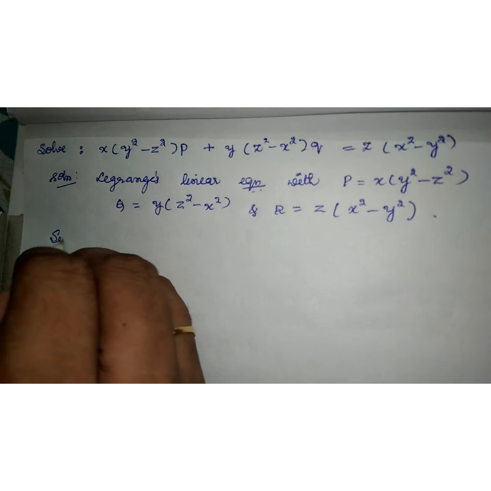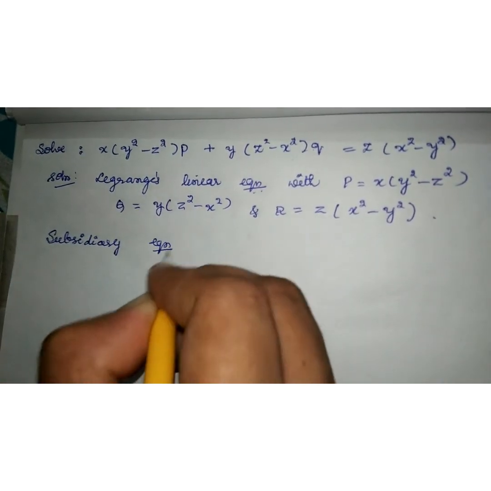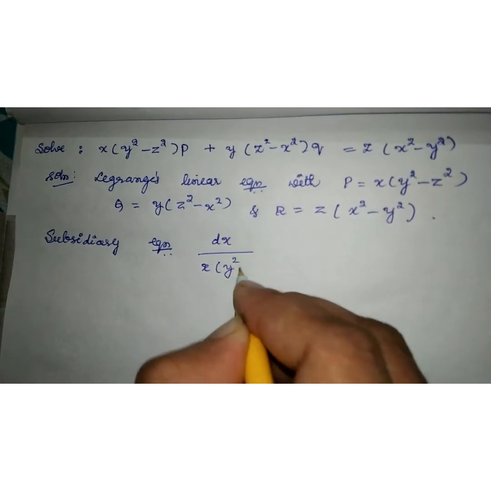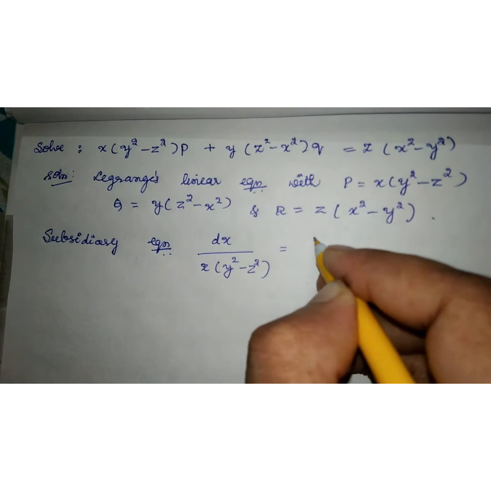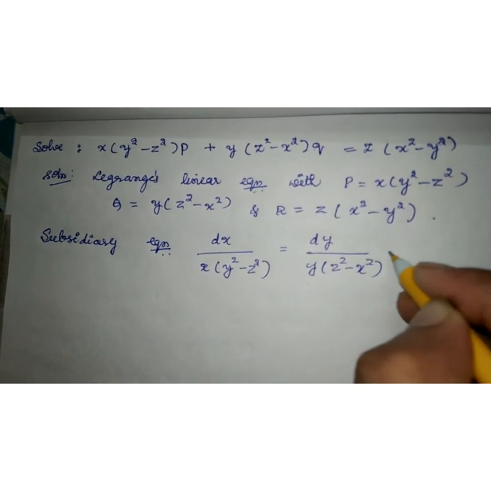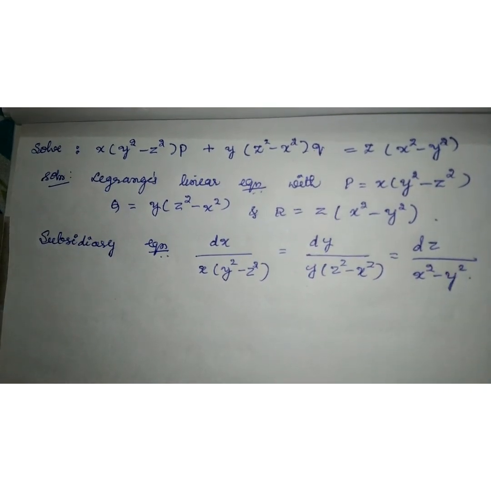And so now the subsidiary equation is dx by x into y square minus z square, dy by y into z square minus x square, dz by z into x square minus y square.